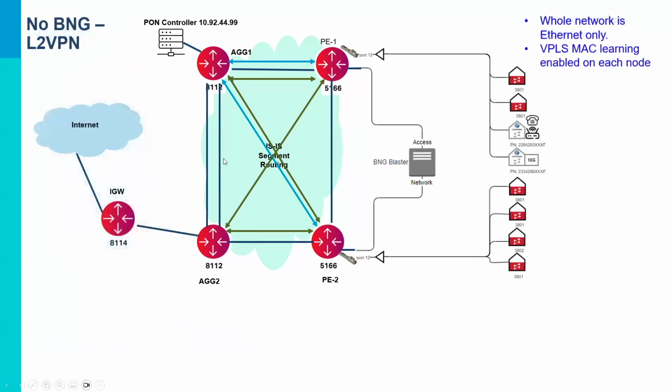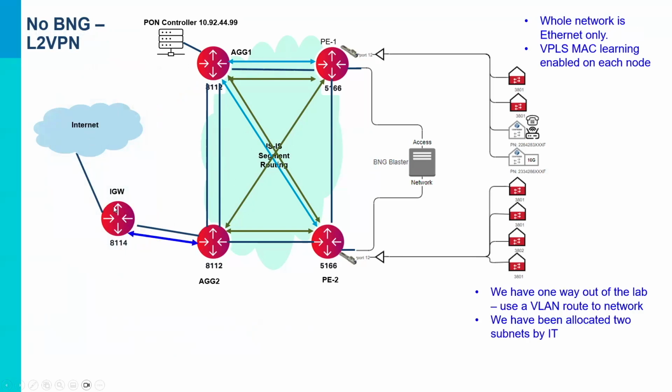Now, say you didn't have an upstream provider and you just wanted to run the VPN with no BNG. Now this whole network is Ethernet only, and we have VPLS MAC learning on each of the nodes. So all of this is learning VPLS, and then you're going to have a connection to the internet. In our case, we only have one way out of the lab. All of the traffic is switched out of the lab.